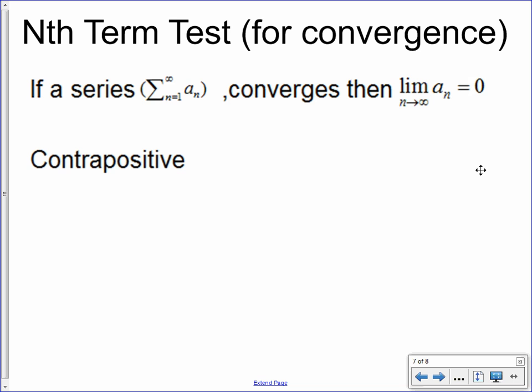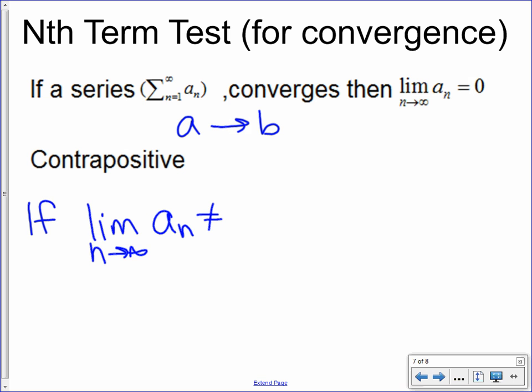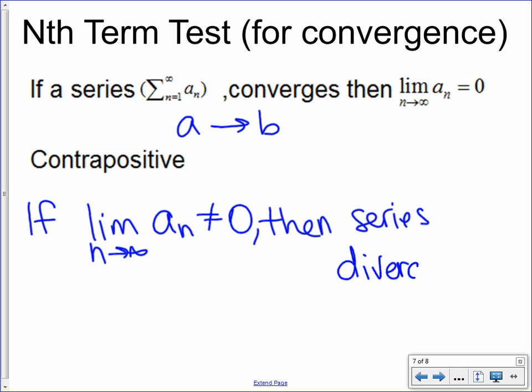If A means B, then not B means not A. So if the limit as n approaches infinity is not 0, then our series does not converge. We call that divergence.